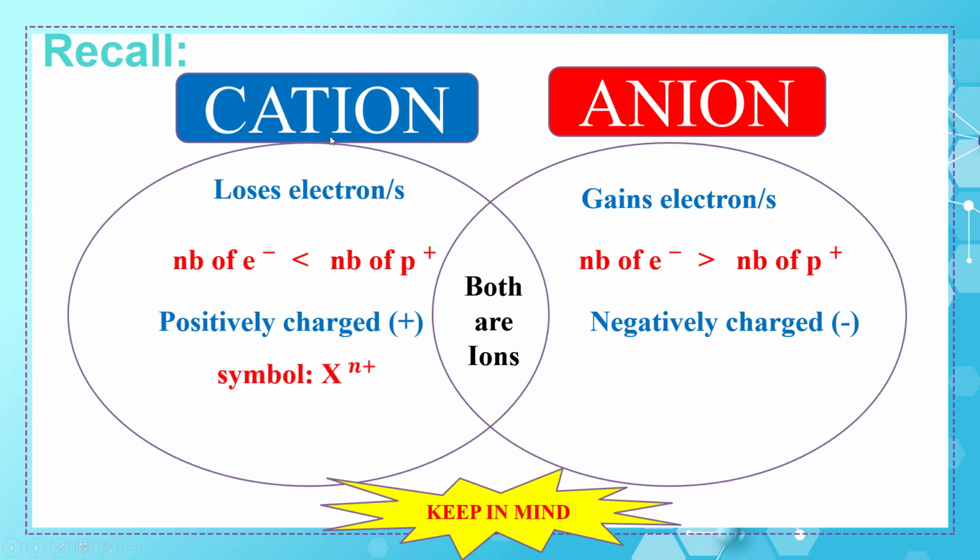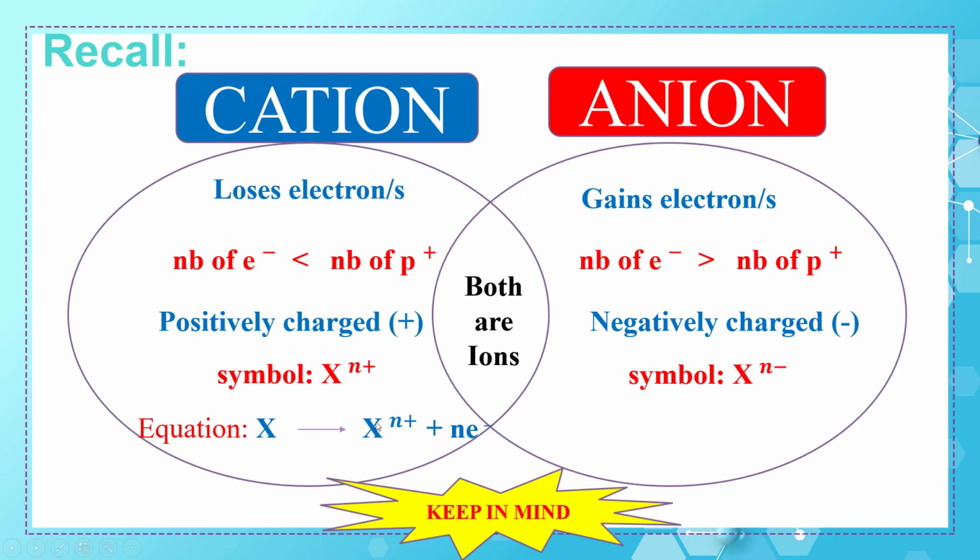The symbol of cation is capital X n plus, while capital X n minus in anion. And finally the equation that represents the formation of cation is X, which is the atom. We put the arrow.